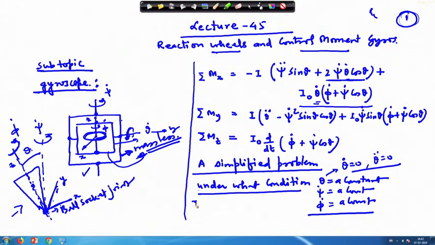That means the moment about x will be equal to minus I times psi double dot sin theta. This term goes out because theta dot equals 0.